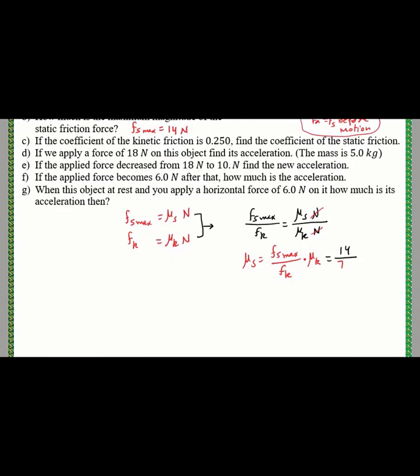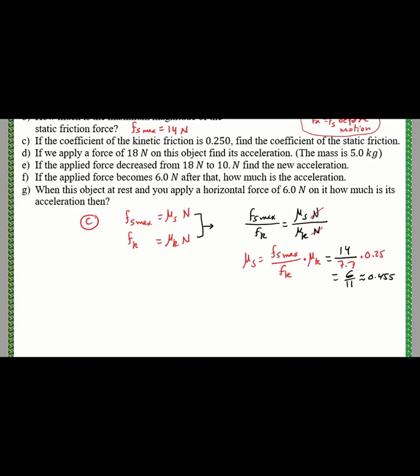Here we have 14 times 0.25 divided by 7.7. The answer is 6 over 11, approximately 0.455. No units. So this is part C.